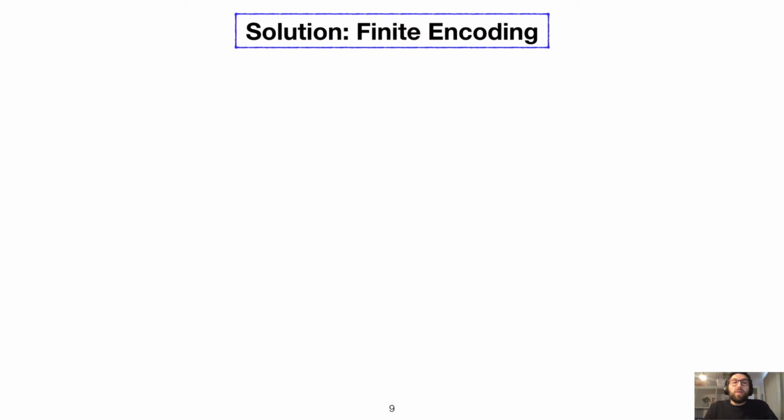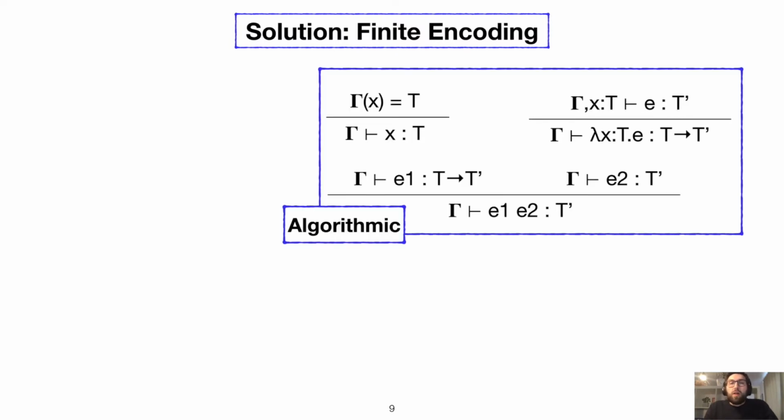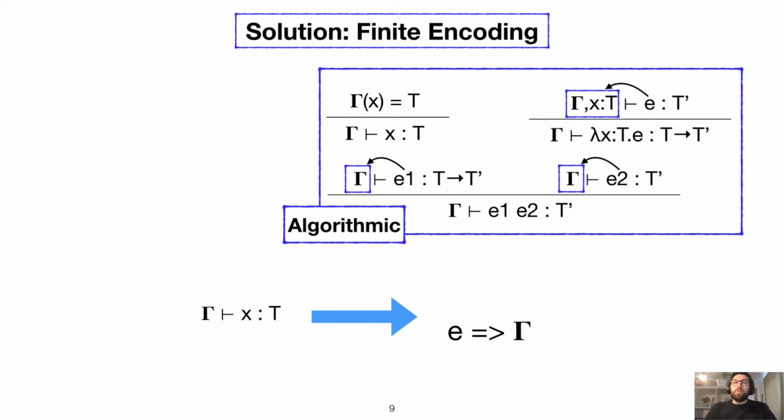And in our paper, we found a way of finitely encoding the typing relation. And it's based on two observations of algorithmic type systems. First, each meta variable in the typing rule is uniquely determined. And second, each node in the AST is visited at most once. So therefore, the context under which an expression is typed is uniquely determined. And we utilize these observations to decompose the typing relation into two separate relations.